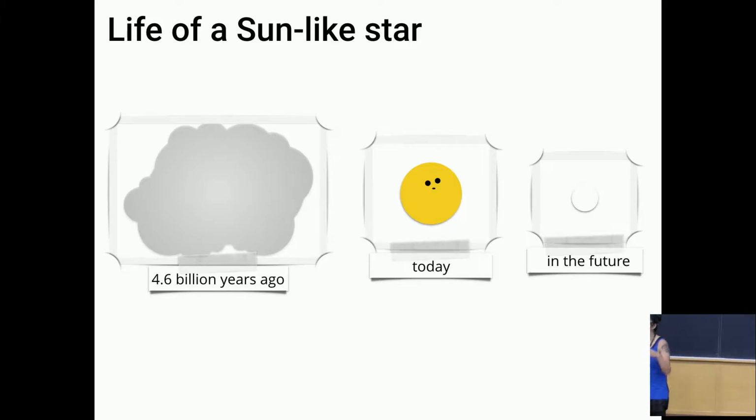It came from a gas cloud and density perturbations, a region that was dense enough that it managed to collapse under its own gravity. And at some point things started heating up and reactions started to occur, and then what we have left over is the sun and also other stars.